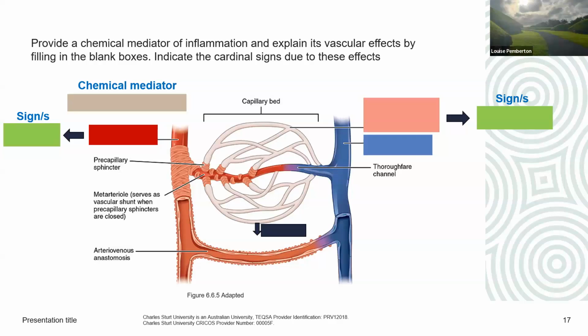And then what's happening here, what does that lead to? Kind of what's happening here, which will slow down blood flow. And what are the signs of these two? And then once you've identified those in your head, can you write a couple of sentences on them to answer that question?